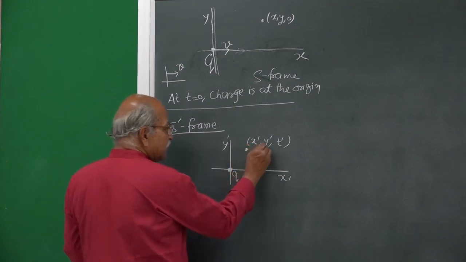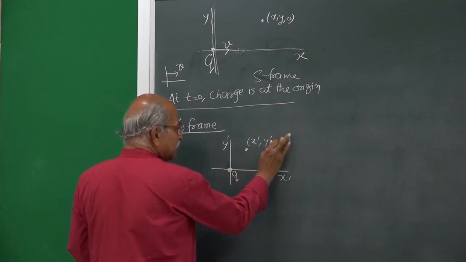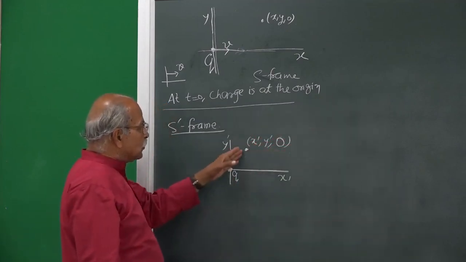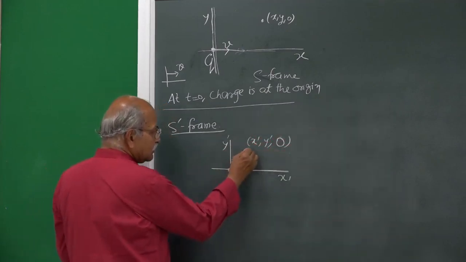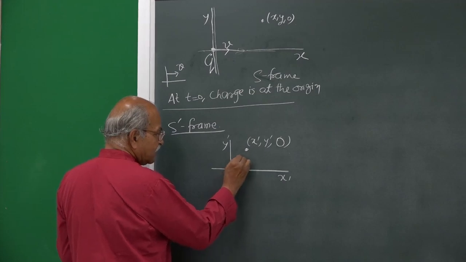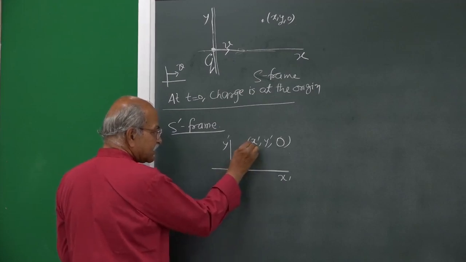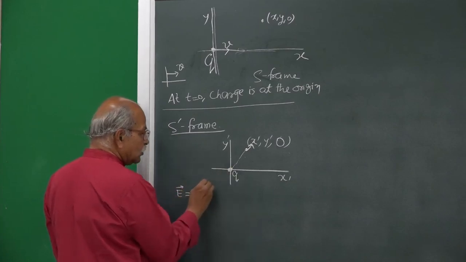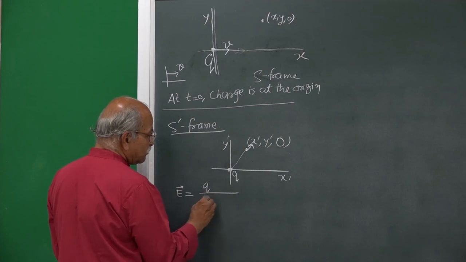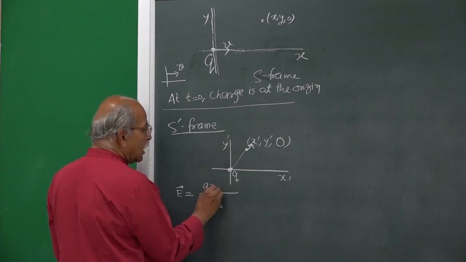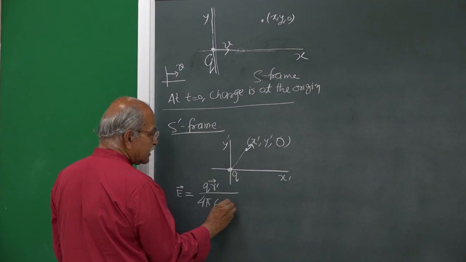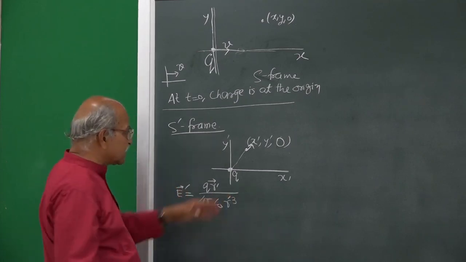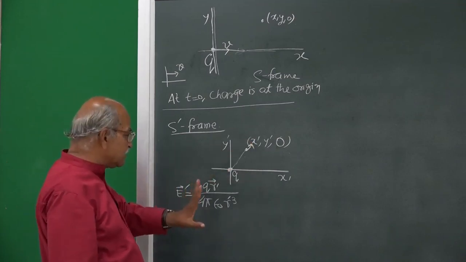So, if this is x prime, y prime and not t prime, let me write 0, t prime will be time coordinate. So, here the field will be radial, in this direction, and will be given by q divided by 4 pi epsilon naught, r prime vector and then r prime cube here. So, this is the electric field here and magnetic field is 0.